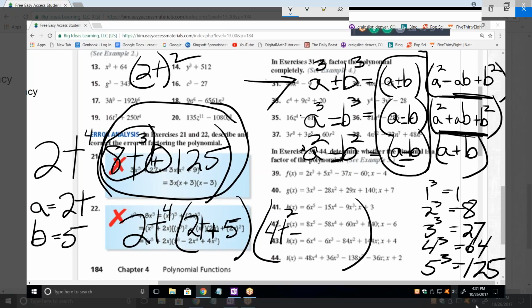So minus 8 times b, so 5, 10t. And notice that all three last terms are plus. So plus 25. There's your answer.